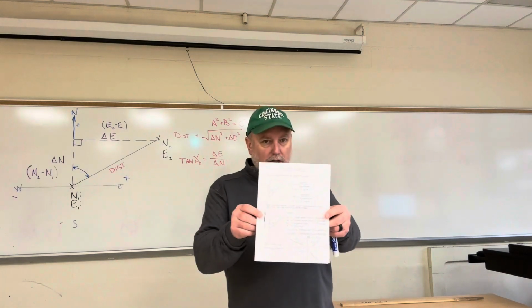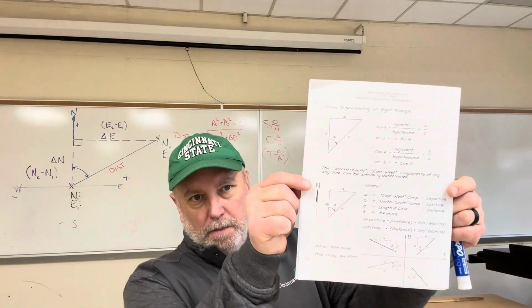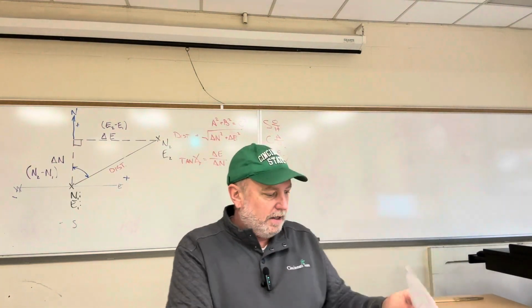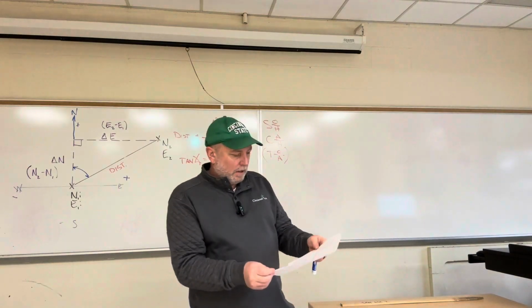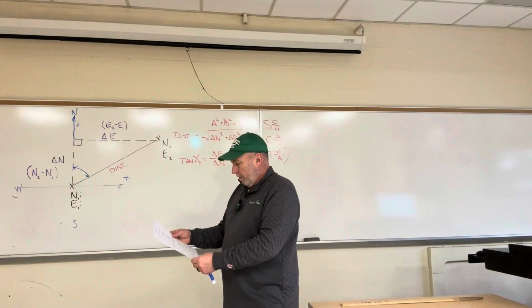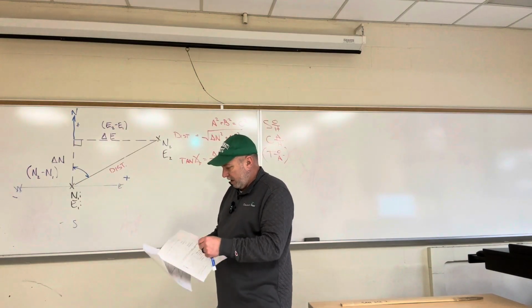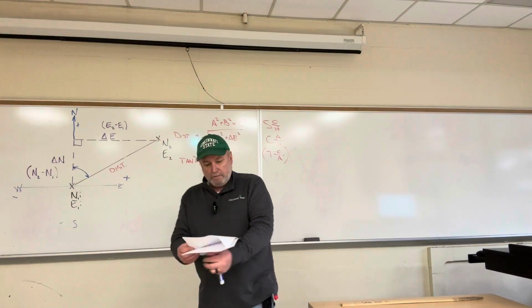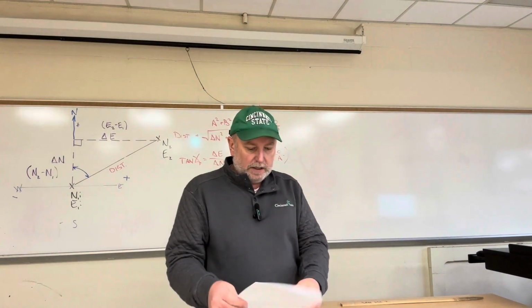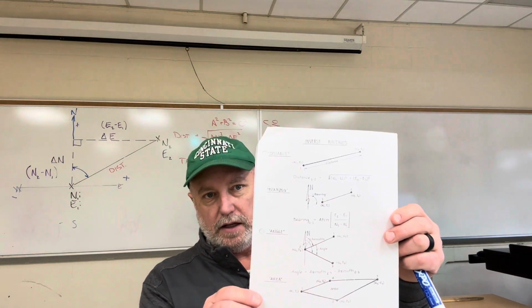So I did this handout here. I'll try to get it for the folks online. It has a bunch of these equations, your cheat sheet here, so to speak. We're looking at the northings, eastings, whether they're going to be positive, negative. On the second page, there are the inverse routines to calculate your distances, calculate your angles.